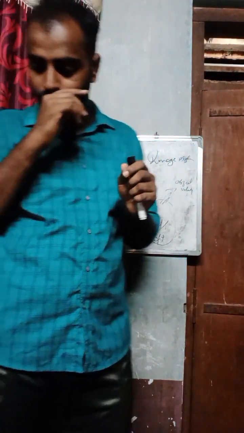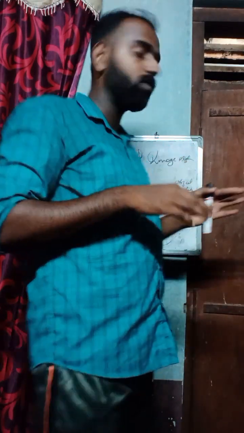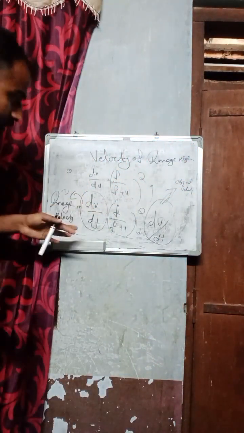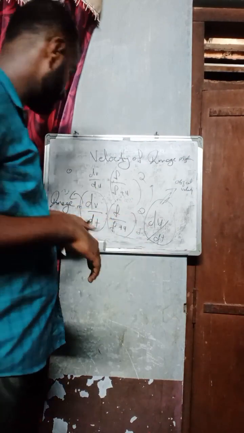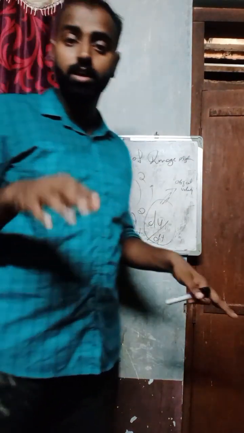But remember one thing. All these velocity terms, image velocity and object velocity, we are obtaining in the lens frame, with respect to the lens. While solving the problem, first we have to look at the problem in the frame of the lens.